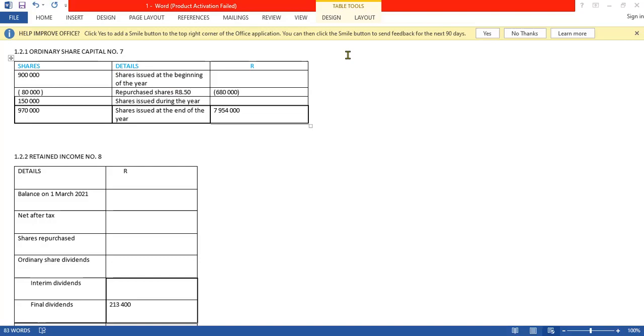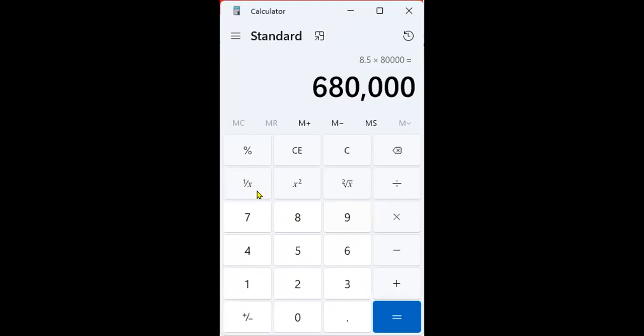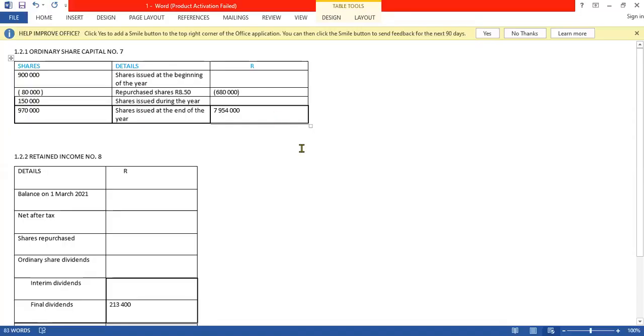So you're going to say 8 rand 50 multiplied by 900,000 shares, then that gives us 7,650,000, meaning we issued 900,000 shares with a total cost of 7,650,000.